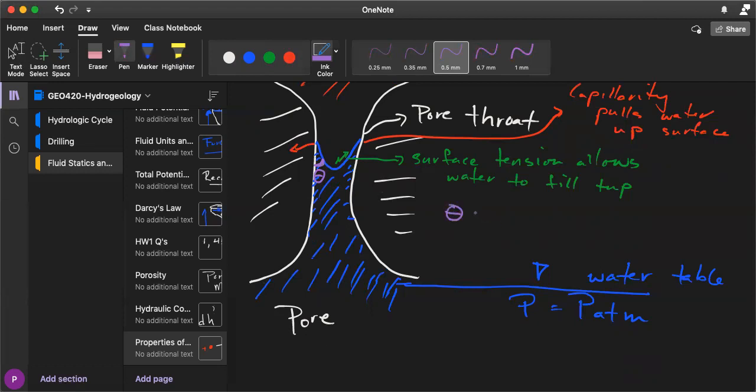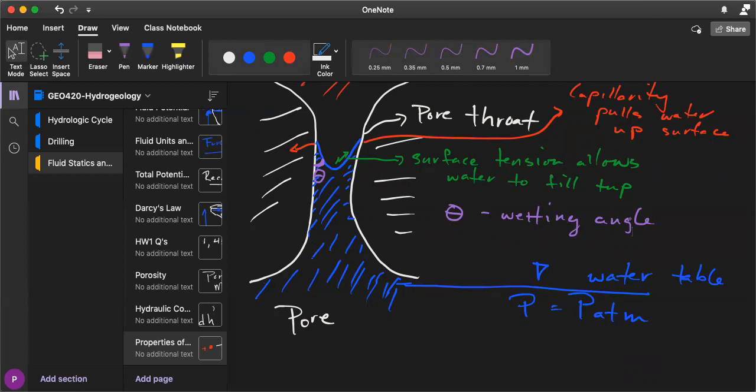Theta is called the wetting angle. And that angle tells me how attracted water is to this surface.